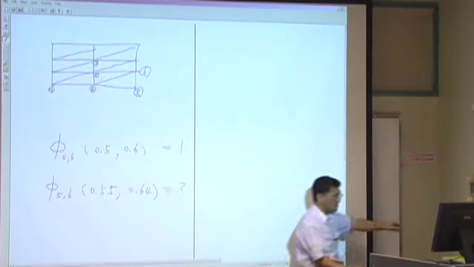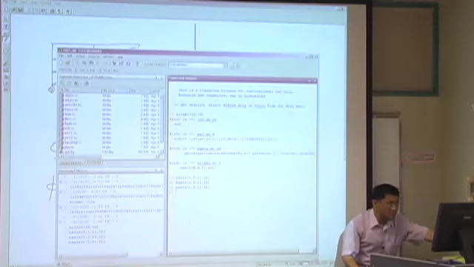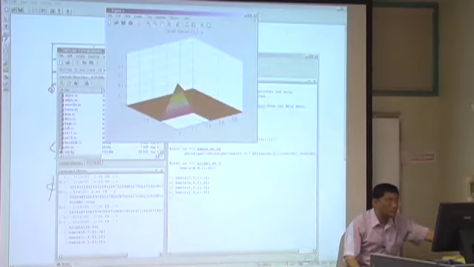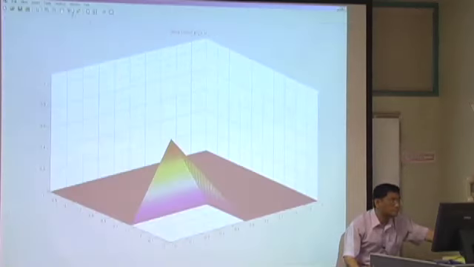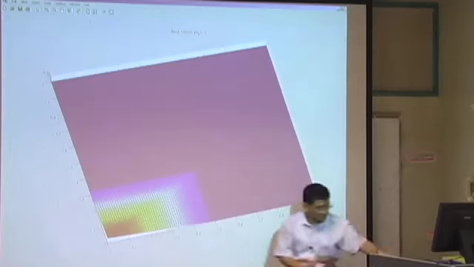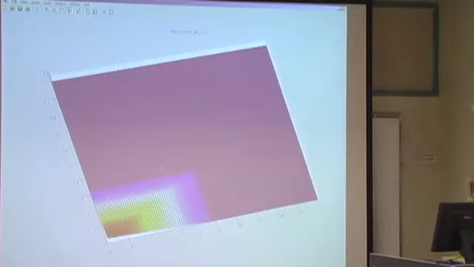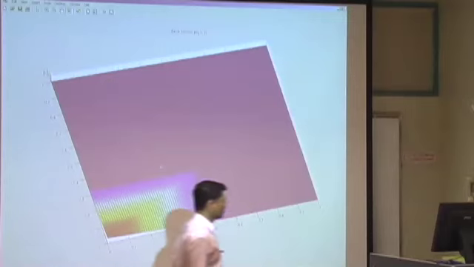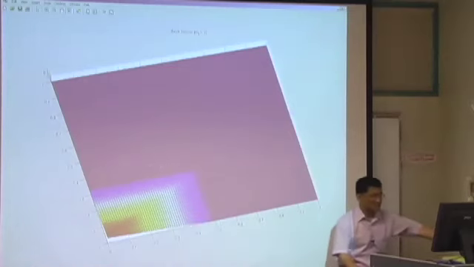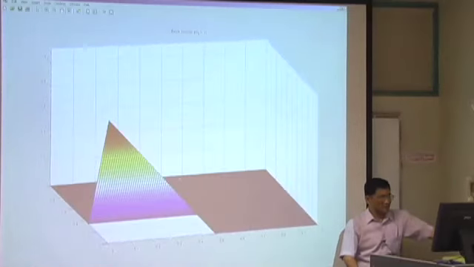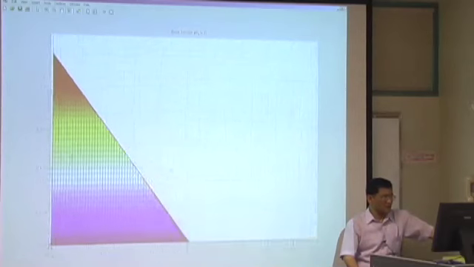So let's return back to the sketch of these things, the graph of this thing. So this is the shape, and I'm showing you the height, right?